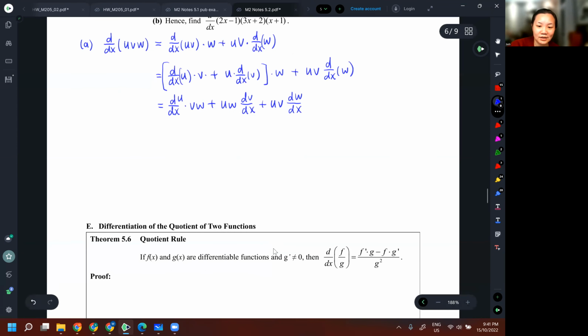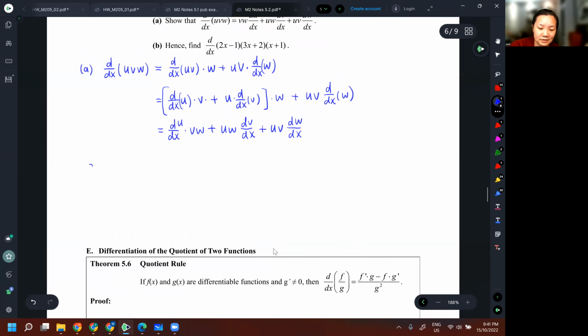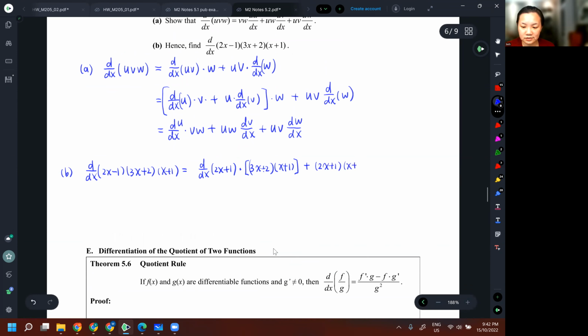Now, using that, this is u, this is v, and this is w. This is part b. This is equal to d/dx of the first one, multiply the second two. Now, you just multiply 3x plus 2, x plus 1, and plus copy the first one, copy the third one, and d/dx the second one.